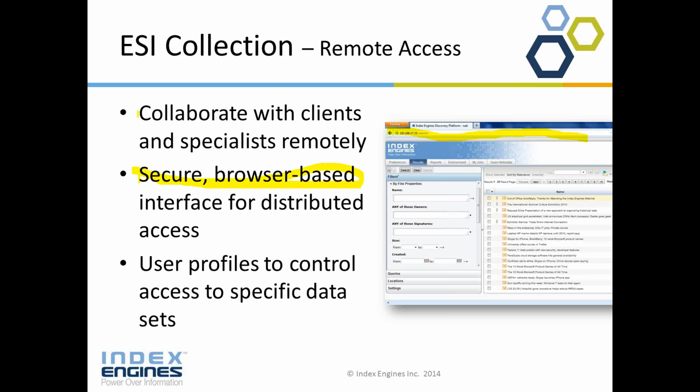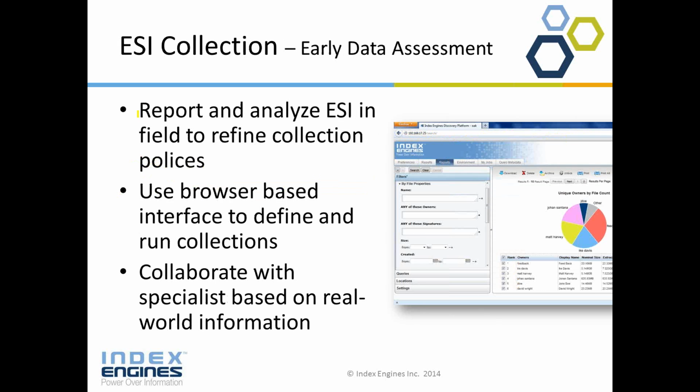We also have a capability called user profiles that allow you to set up a profile based on a login ID that allows you secure access to a specific subset of the data. So if you're working with, say, for example, outside counsel or some kind of legal advisor, you can set up a very limited data set and provide them a login to collaborate and to further cull and to tag and to process data. So again, one of the more advanced features in the interface that allows you to really accelerate time to data.